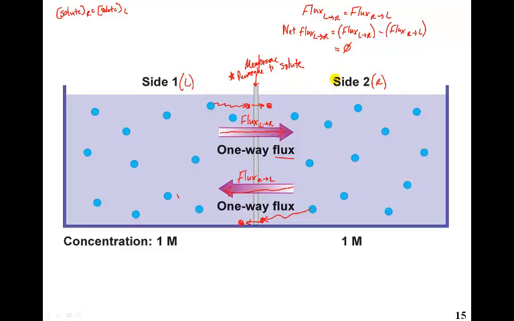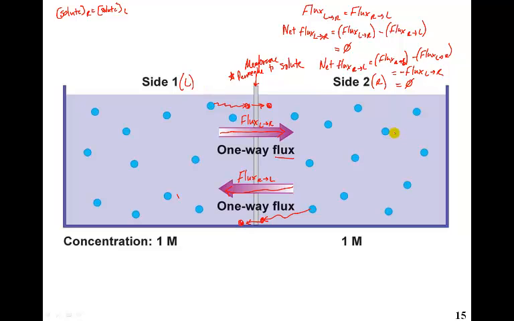No net flux, no net flow of solute from left to right. We could also just as easily define net flux right to left, which is just going to be the opposite: flux right to left minus flux left to right, which is equal just to the negative of the net flux left to right, and of course that's also 0 in this case, right?